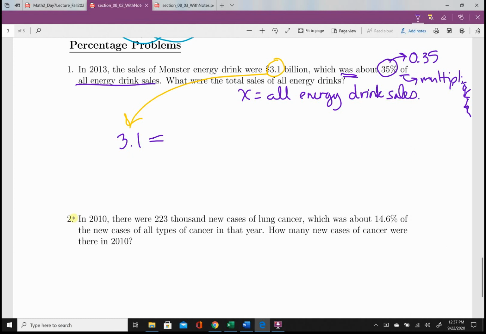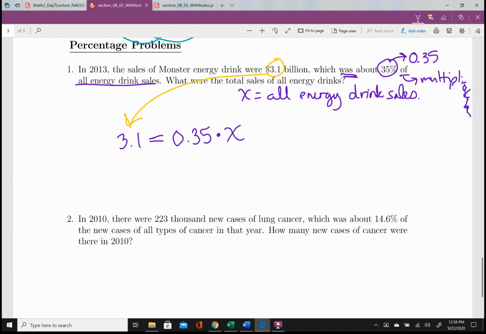So just to be clear, $3.1 billion was about 35% of multiplication. I'm representing that with a raised dot. All energy drink sales, that's x, that's our unknown.